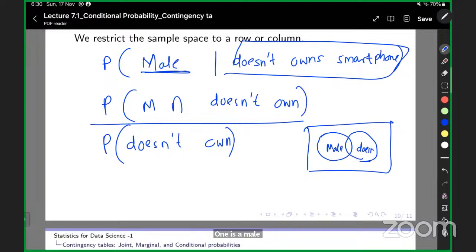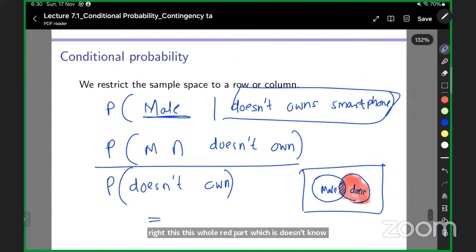Then they are saying take this common part and divide by the whole thing. If I choose a color, then you have to choose the whole red part, which is doesn't own. That's how you will get this probability.